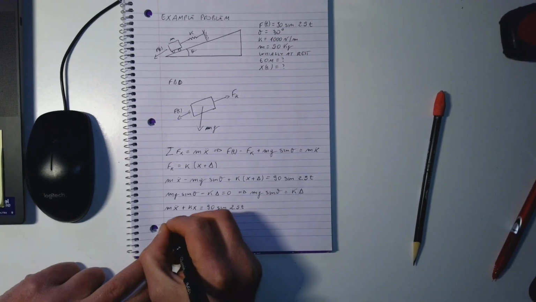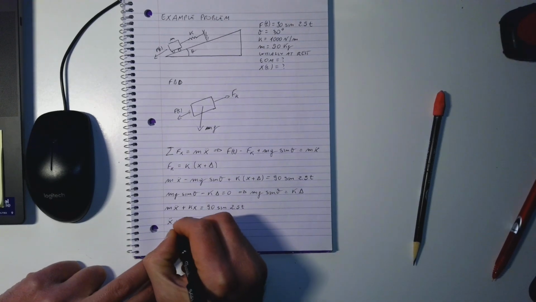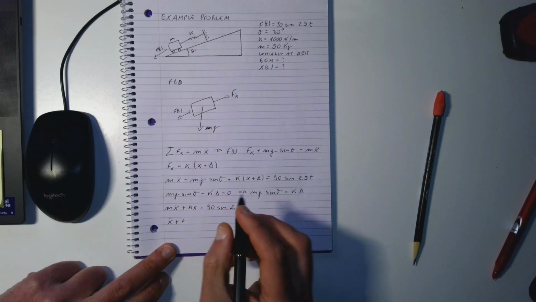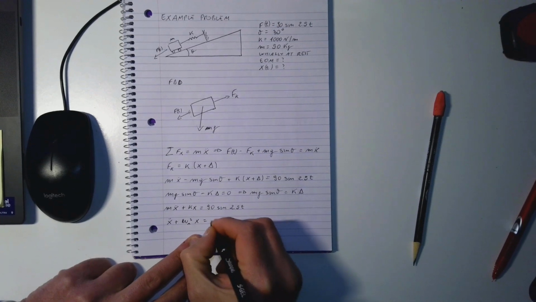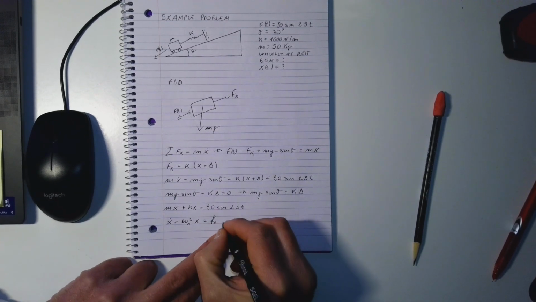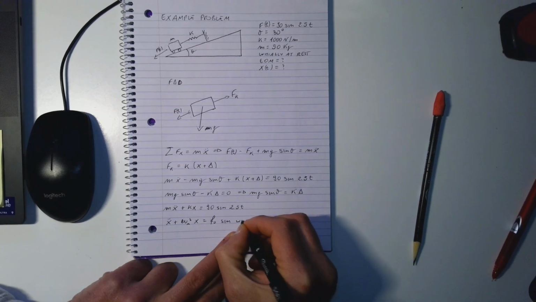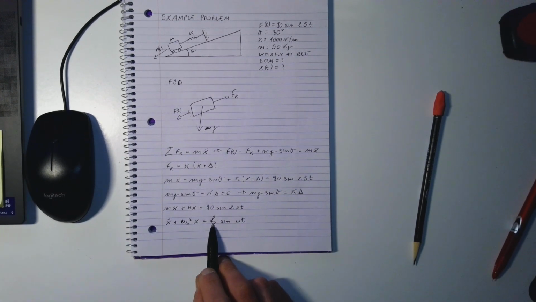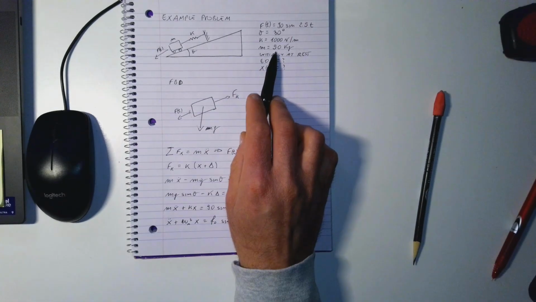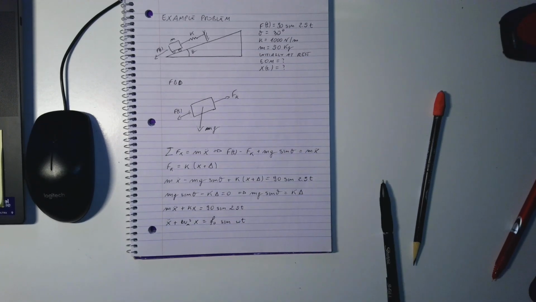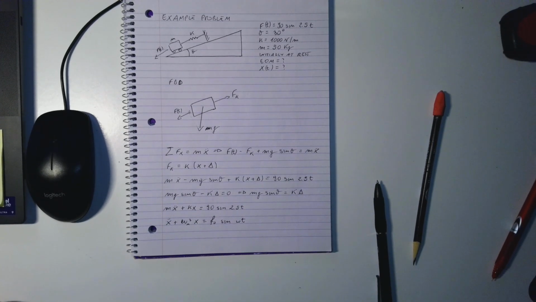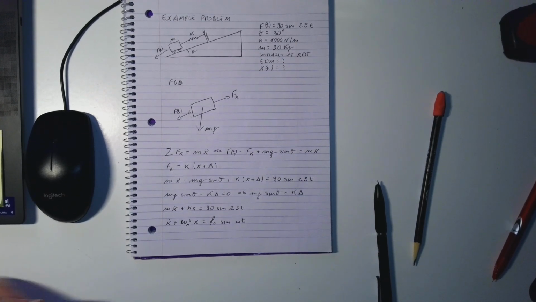So when we do this, we will have the standard form, which will be x double dot plus omega n square x equal to lowercase f0 sine of omega t, where lowercase f0 would be 90 divided by the mass, the 50, and this omega would be 2.5. So this is the standard form of the equation of motion.